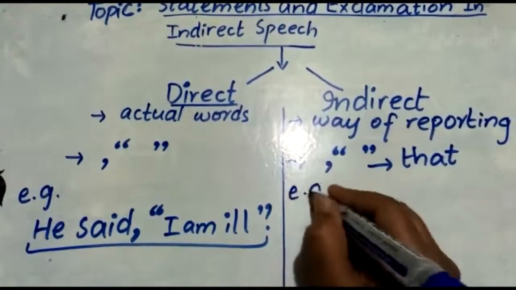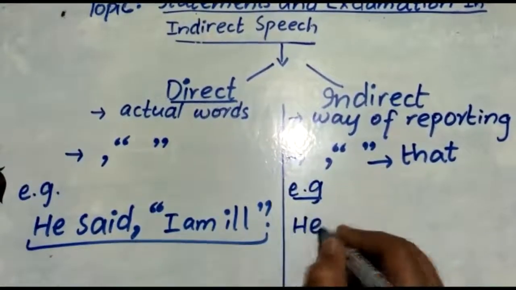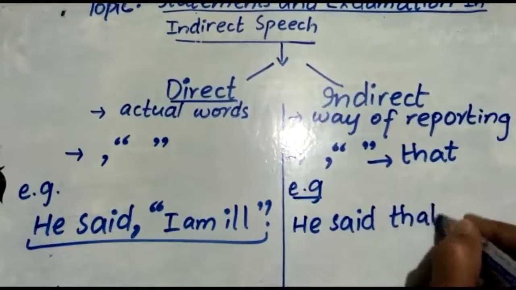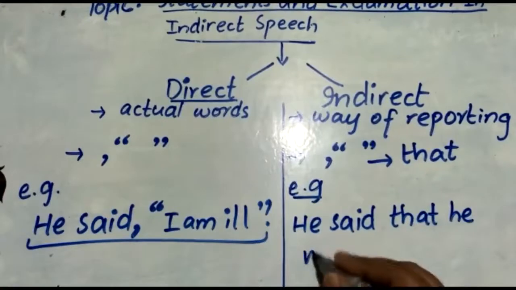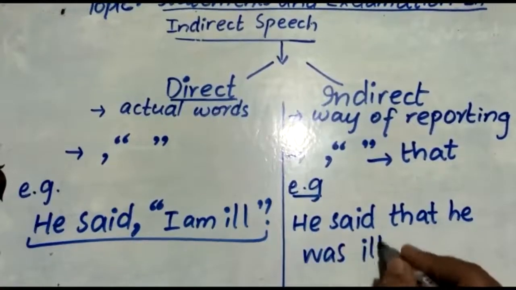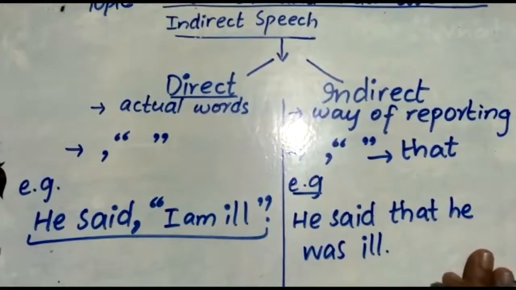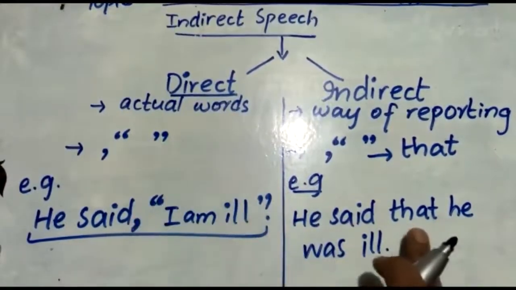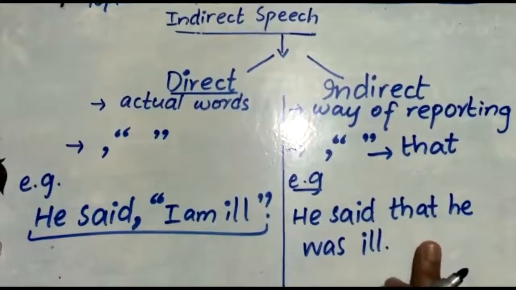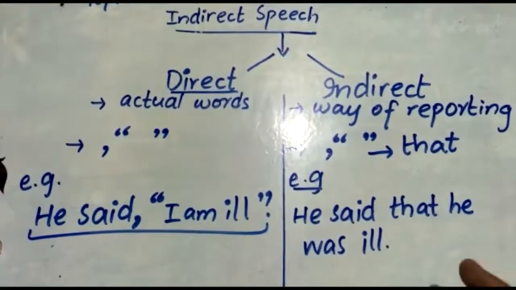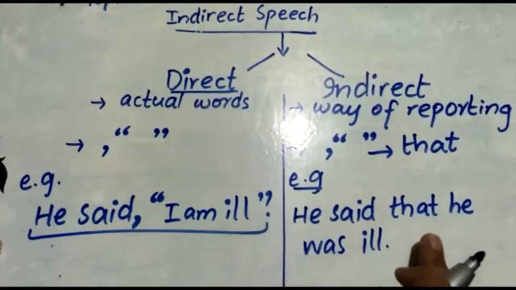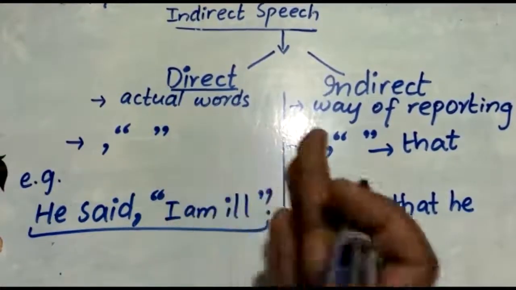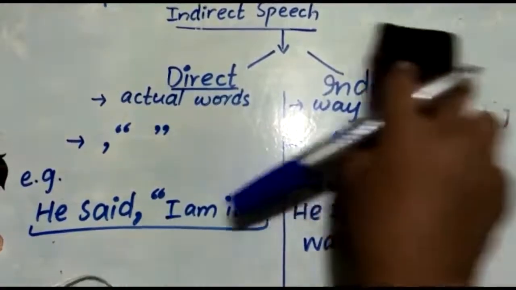The example of an indirect speech is he said that he was ill. What we have done over here is replace the comma and inverted commas with that. The way of reporting the actual words of the reporter is changed. This is the basic difference between direct and indirect speech.